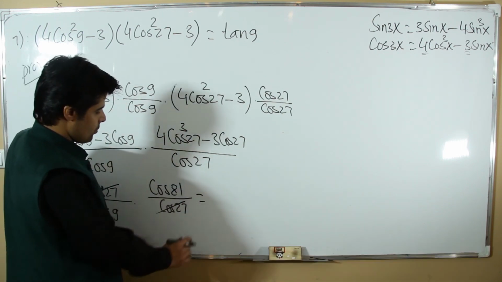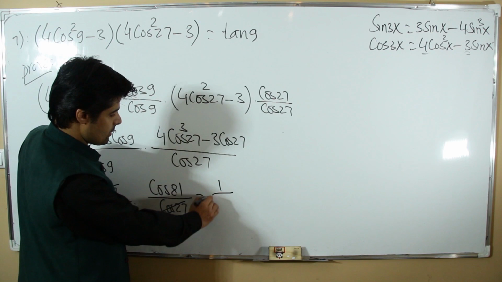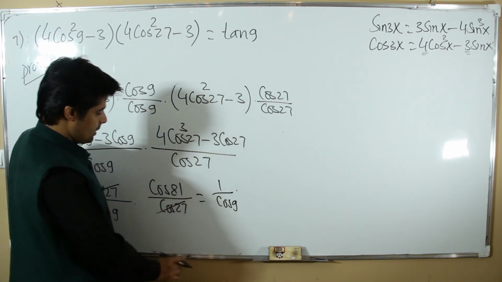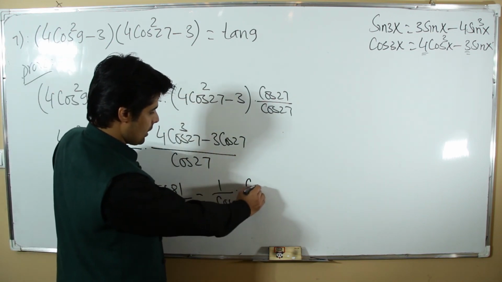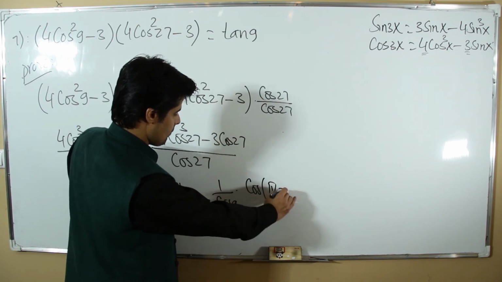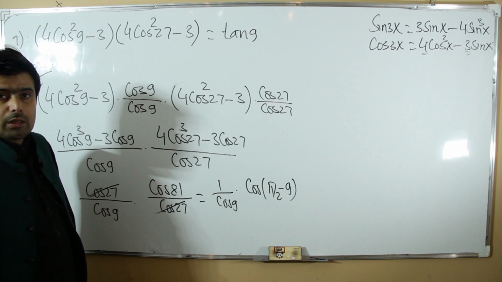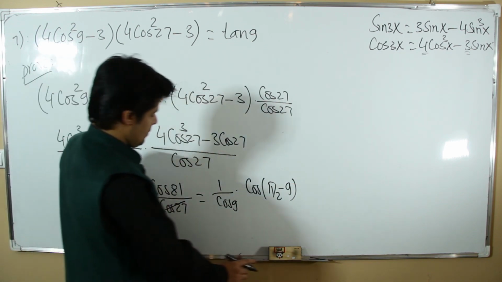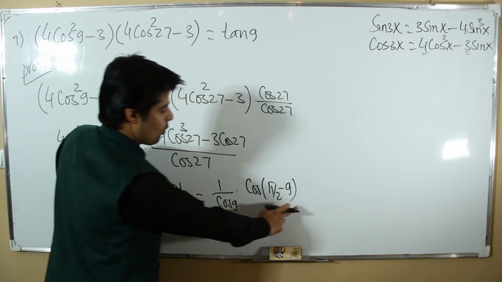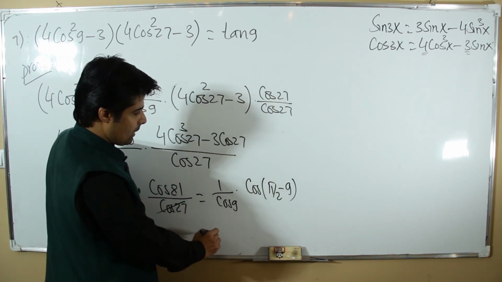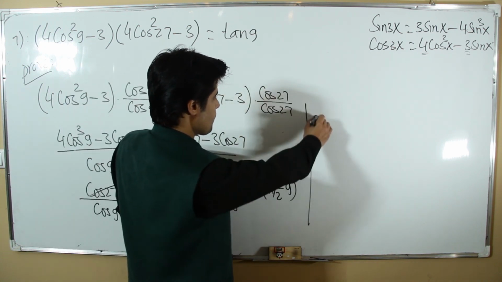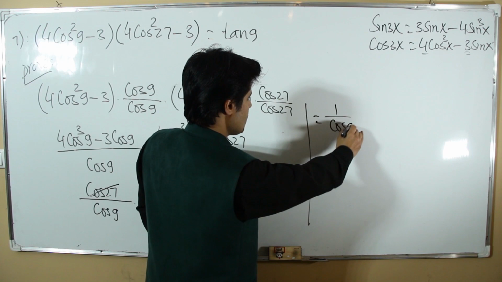Yes. Now you have, can I write here 1 divided by cosine of 9? Instead of this one, we can write cosine of pi by 2 minus 9. Yes, pi by 2 is 90, and 90 degrees minus 9 is 81. Now the denominator is 1, I think. So you will have 1 by cosine of 9.